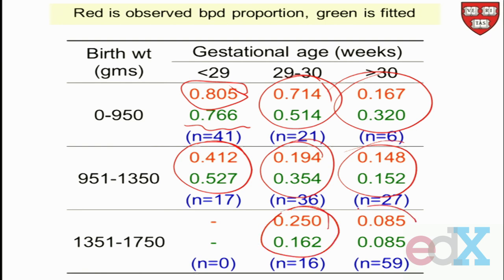Not bad. We couldn't have been better in the bottom right-hand corner than 0.085, but it doesn't matter. We're getting better and better in our fit by bringing in this extra covariate, namely gestational age. So it does help us there.